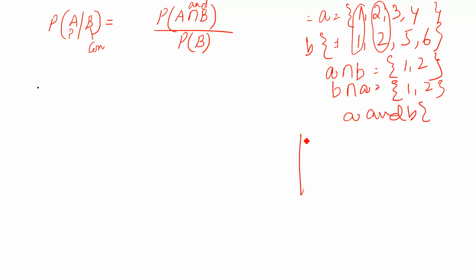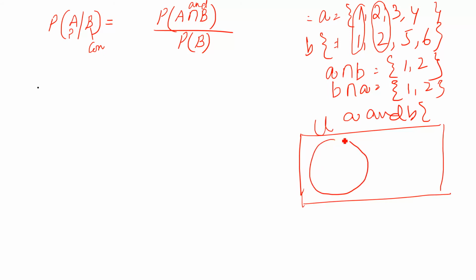Here I will give you an example, then we will solve our equation. So this is my universal set. In the universal set, I have one set which is represented by A, because in the formula I have A and B. That is why I am using A and B. Suppose 30% of students belong to group A or set A, who only read their books and then go for their exam, right?